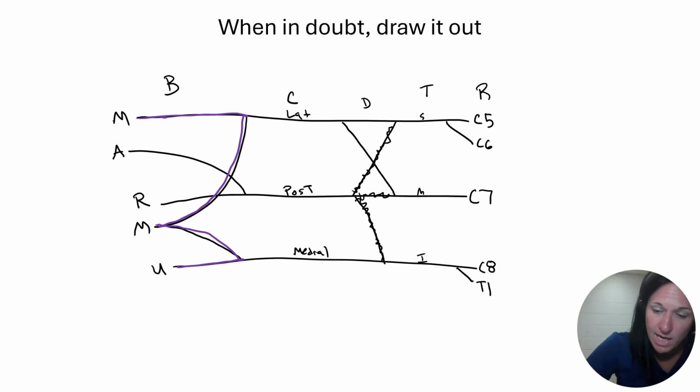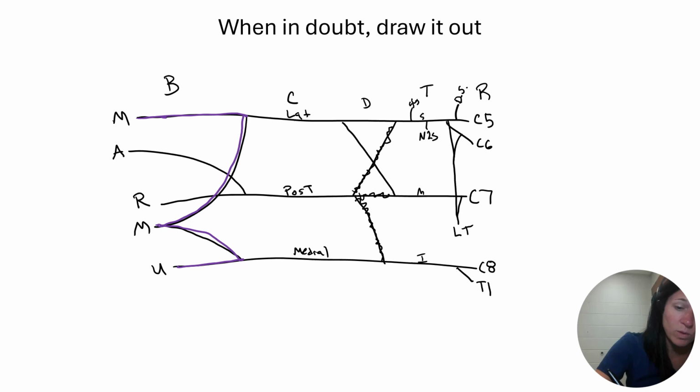Then we can go ahead and add our supraclavicular branches. So we have dorsal scapular, suprascapular, nerve to subclavius, and from C5, C6, and C7, we have long thoracic.